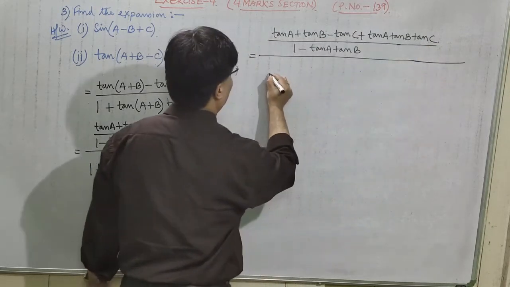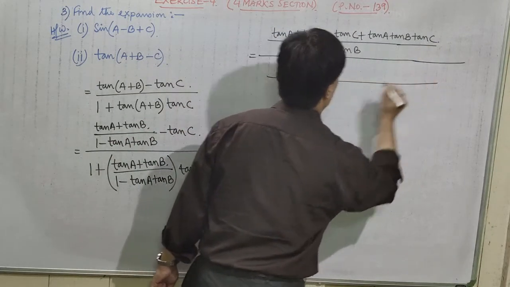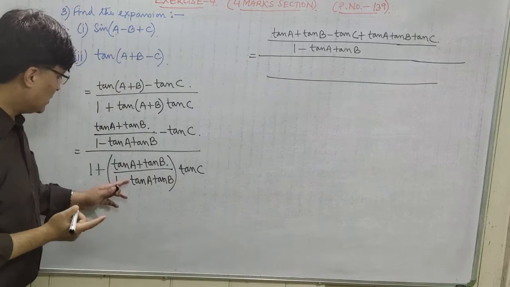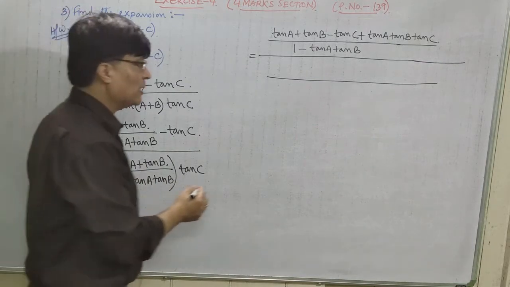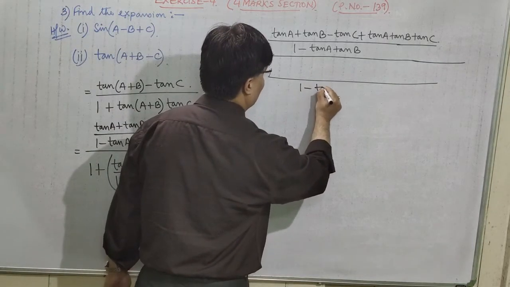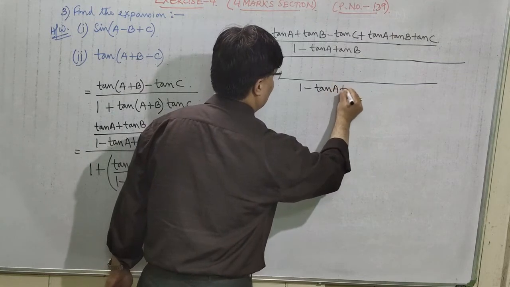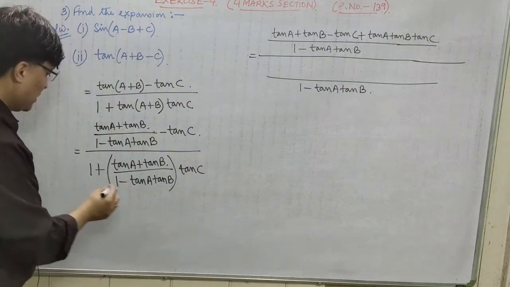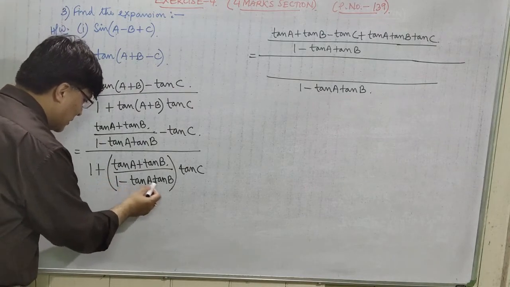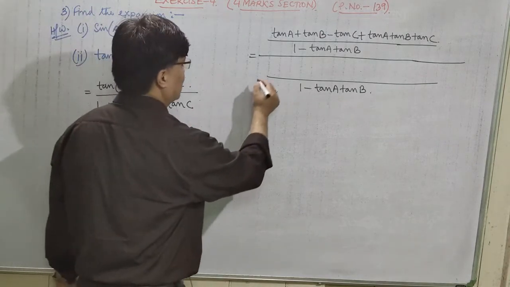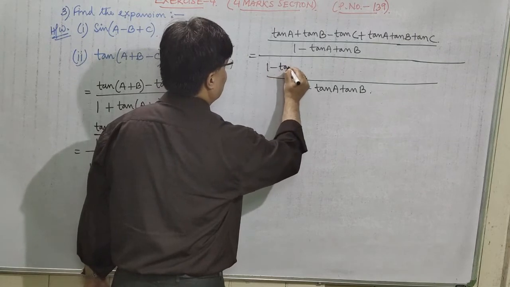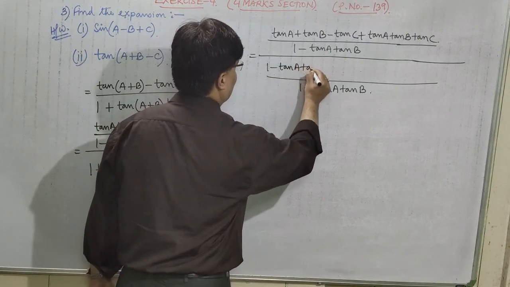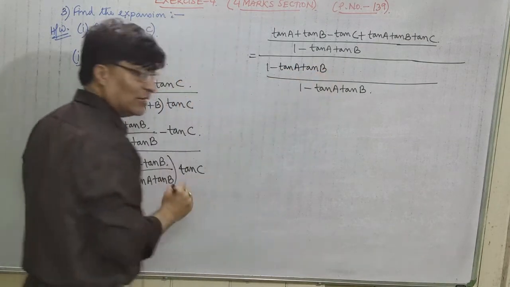Is that clear? So now in the denominator, what's the LCM again? In the denominator also 1 minus tan a tan b is the LCM. Now this 1 minus tan a tan b is multiplied by 1. What do we get? 1 minus tan a tan b. Is that clear?